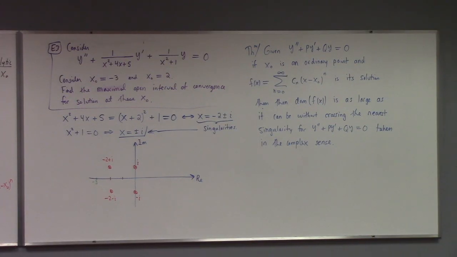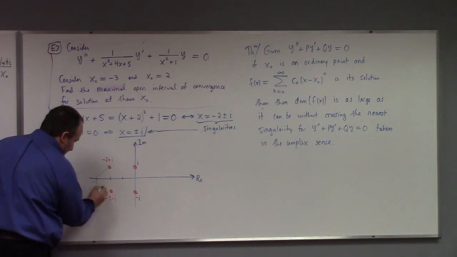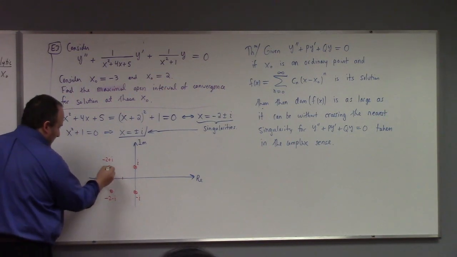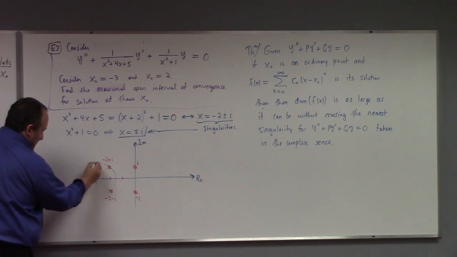Because whatever the nearest singularity is tells you how big the solution can be. So this one is either here or here. And so there's actually a disk.